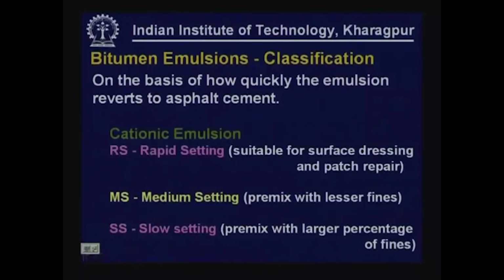Rapid setting emulsions are suitable for surface dressing and patch repairing. Medium setting emulsions are suitable for premix carpets with aggregates having fewer fines, whereas slow setting emulsions are suitable for premix purposes where we are using aggregates with a larger percentage of fines.